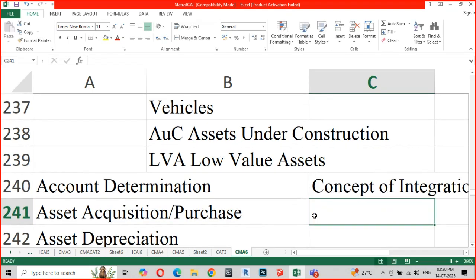The whole concept of integration is held through a concept called account determination.